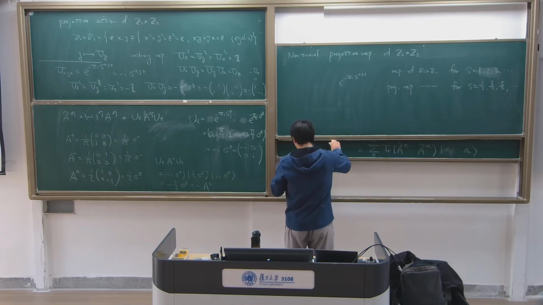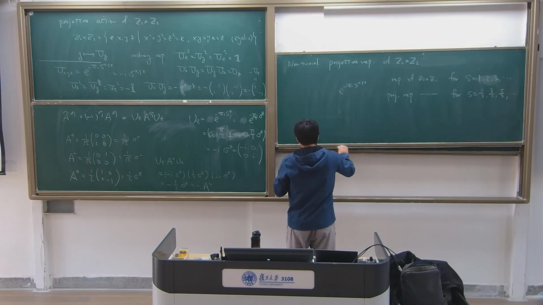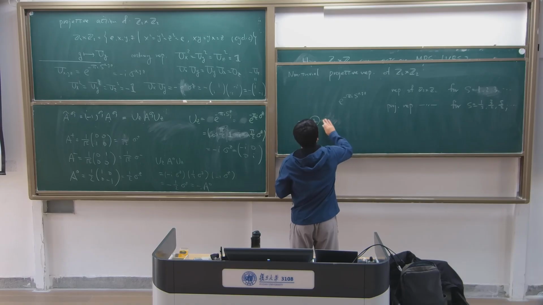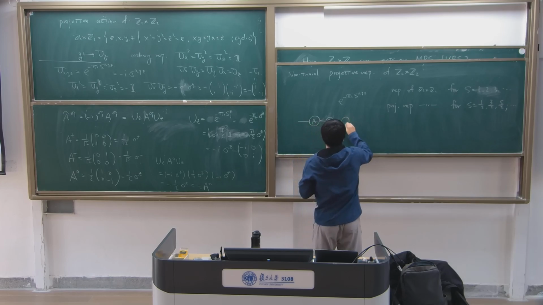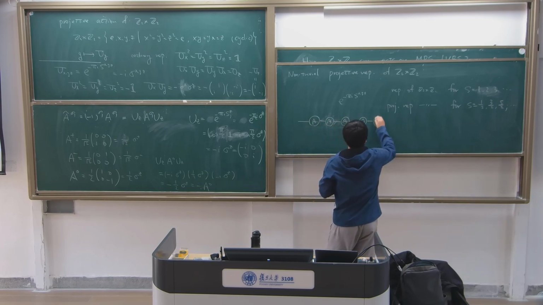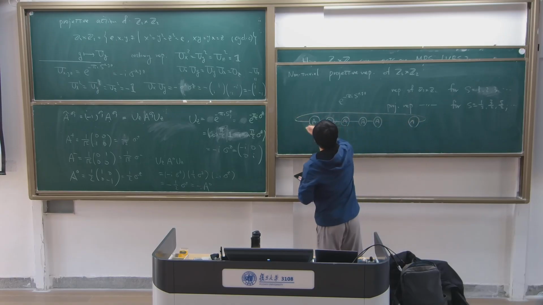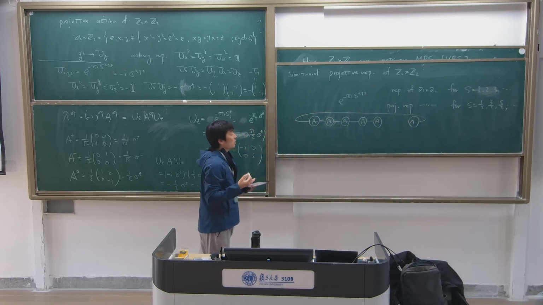What we saw is that the matrix product state is something like A, and okay, so we go like this.